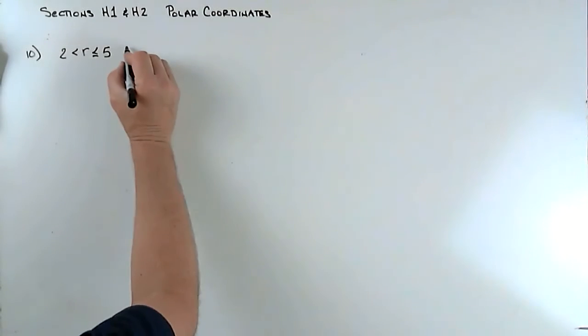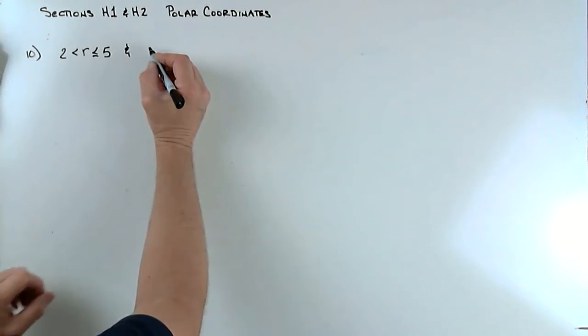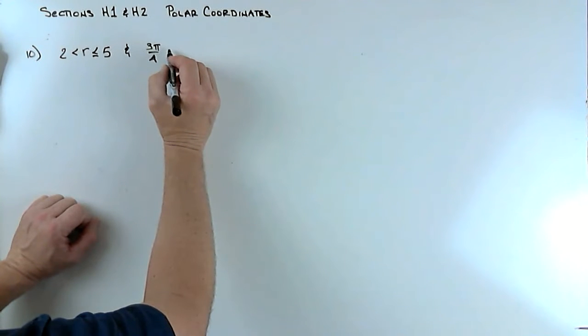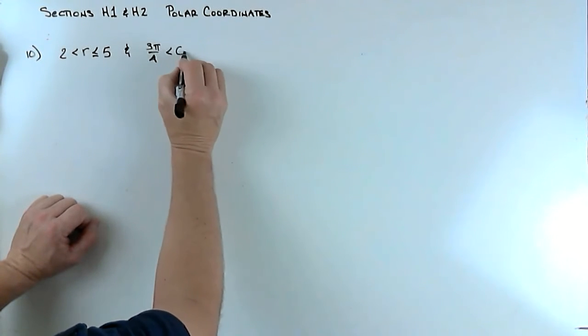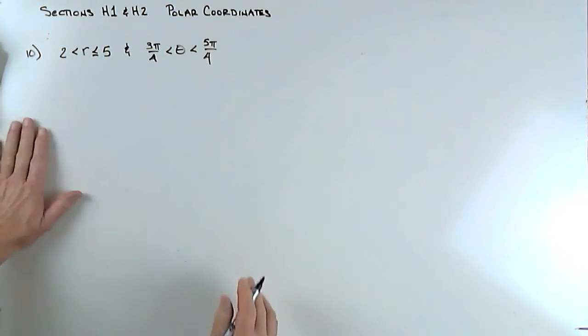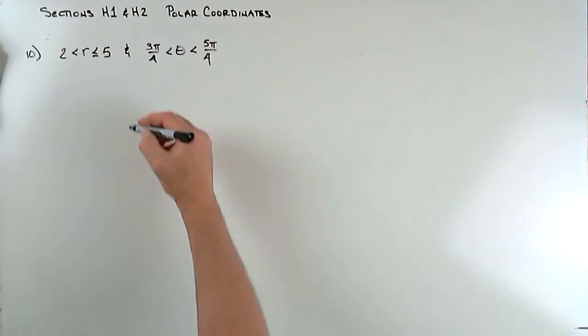And our angle is between 3 pi over 4 and 5 pi over 4, less than theta, less than 5 pi over 4. And all they want us to do here is to sketch this region. They want us to draw this.